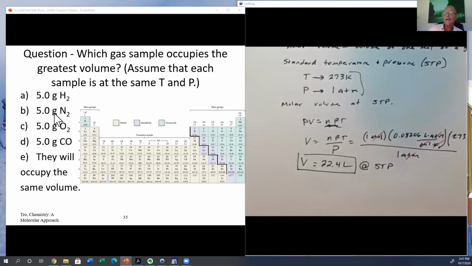Since the masses are all the same, the one with the greatest number of moles is the one with the lowest molar mass. The molar mass of hydrogen is lower than all of these, so this will have the most particles, and therefore it'll have the greatest volume.